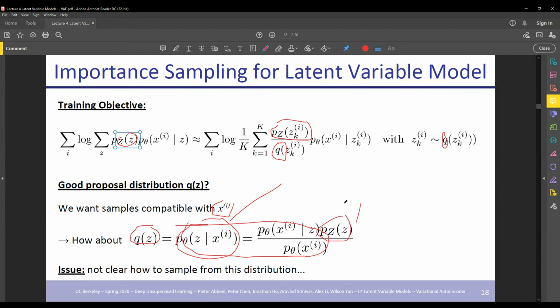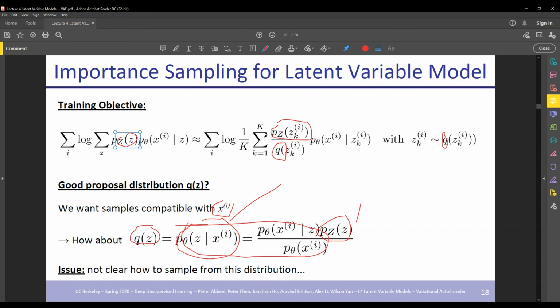So what we had looked at in the second step after the exact one was just sampling from the prior, which gives us very poor information. So now what we want is to sample from the posterior, that is from z given xi.